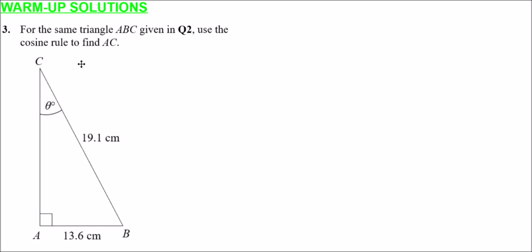And so obviously AC, just using Pythagoras, would be the square root of 19.1 squared minus 13.6 squared.